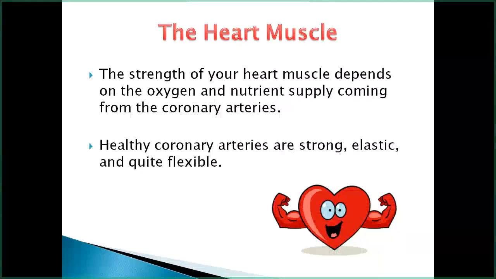Now, if you have healthy coronary arteries, then they're going to be nice and strong. They're going to be elastic and flexible so that when you exert yourself, they can expand and open up to meet that extra demand, extra blood flow, and extra oxygen that's needed for your body and your muscles.